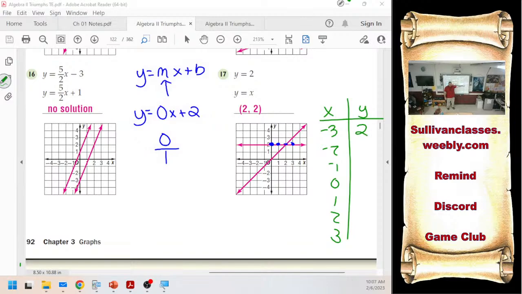When x is negative 2, what's y? 2. It doesn't matter what x is. These type of equations, these are the Groot of math. When x is negative 1, I am Groot. When x is 0, I am Groot. When x is 1, I am Groot. Over and over and over. It doesn't matter what x is. Y is always 2. And that's why you get that horizontal line across like that, because the slope is 0. It doesn't go up or down at all.